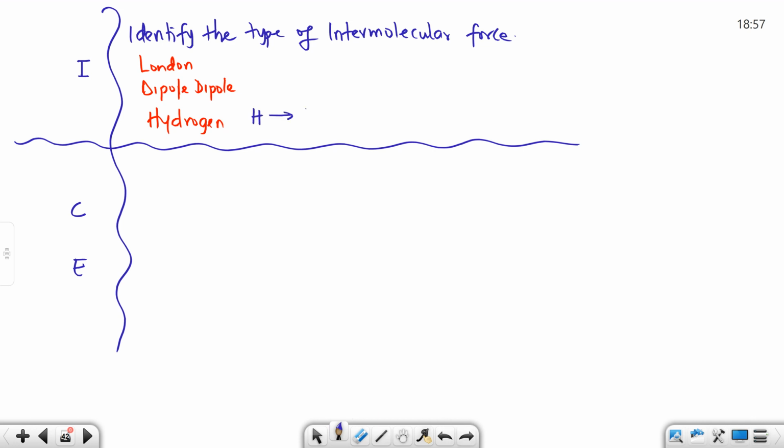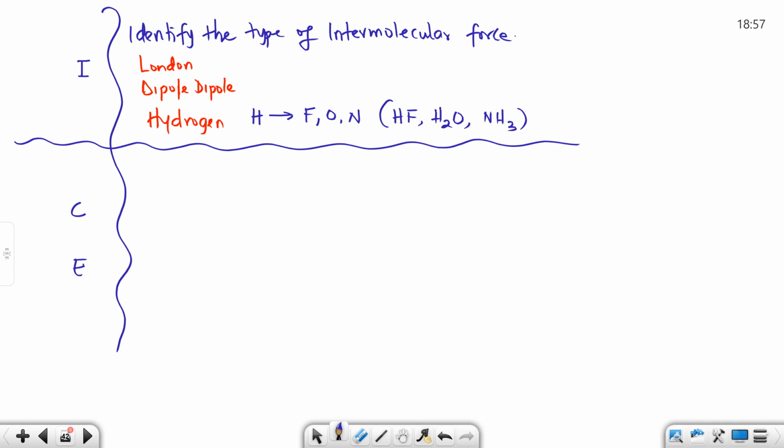Okay, I normally say FON. Fluorine, oxygen, and nitrogen. So if you have things like HF, like H2O, like ammonia, do you see all of those? It is hydrogen and fluorine, hydrogen and oxygen, hydrogen and nitrogen. And hydrogen bonding is very strong, right?